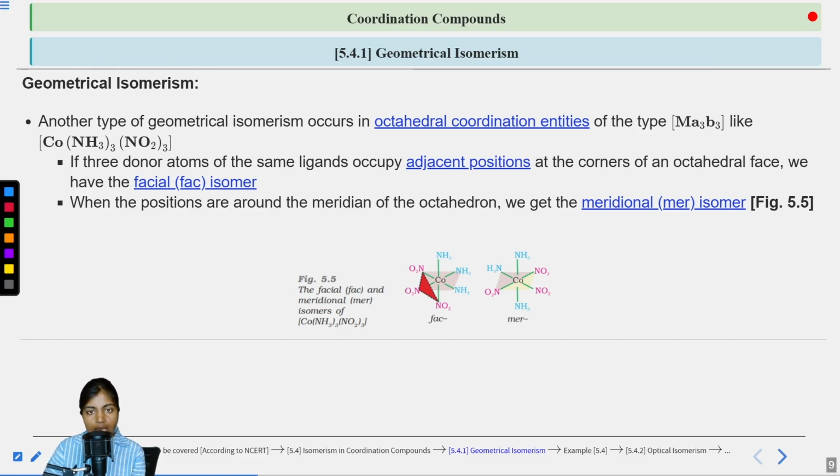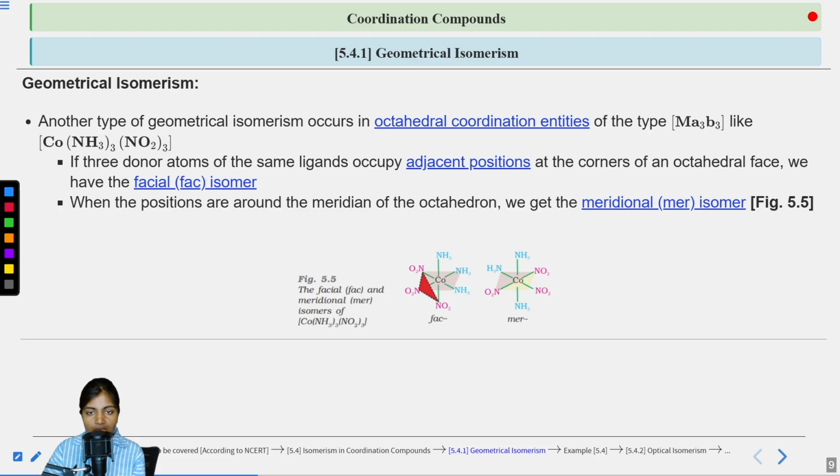Imagine the 3D, and they are occupying the corners of this octahedral face. Then the structure formed by this placement is referred to as the facial isomer.